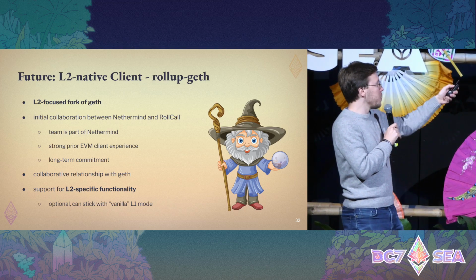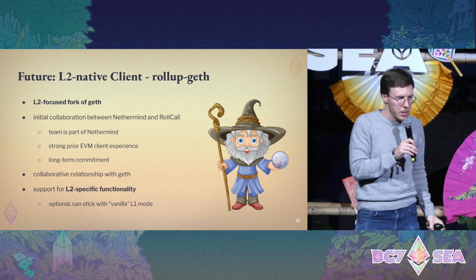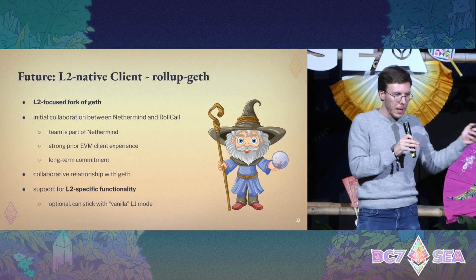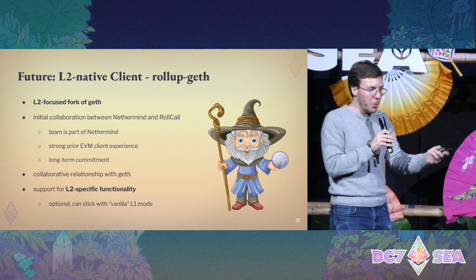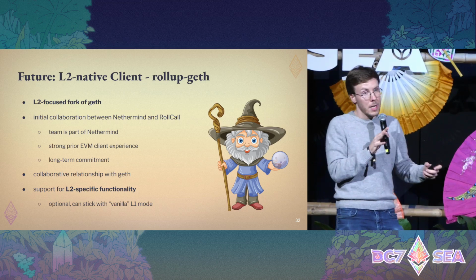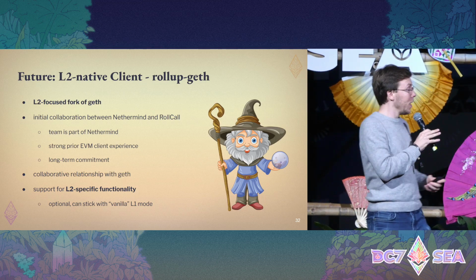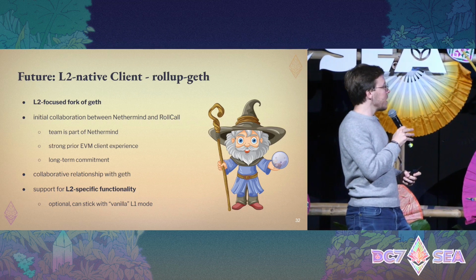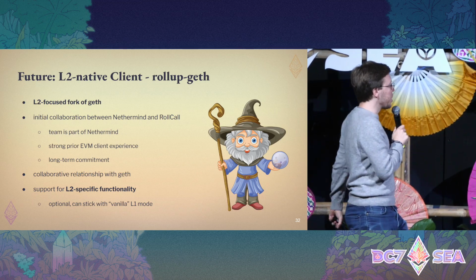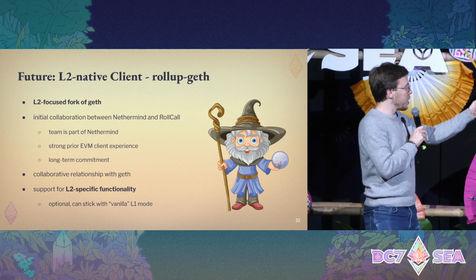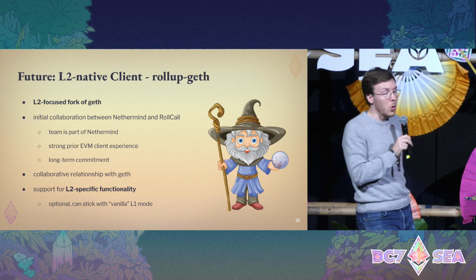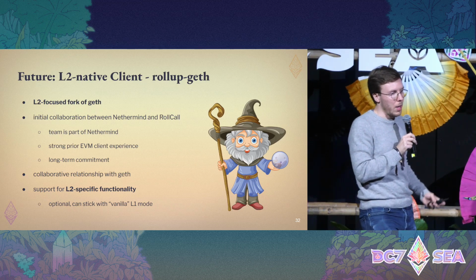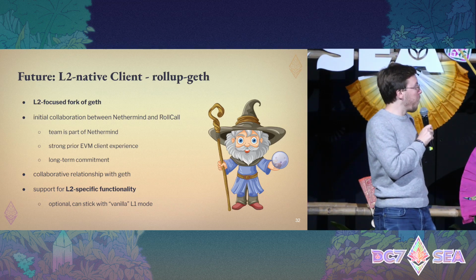And so we specifically tried to identify and eliminate this bottleneck of the L1 focused Geth team, not eliminating the Geth team, just eliminating that bottleneck. And out of that came the collaboration with Nethermind, which is what we call the Rollup Geth team, or what they call the Rollup Geth team, which is a fork of Geth.